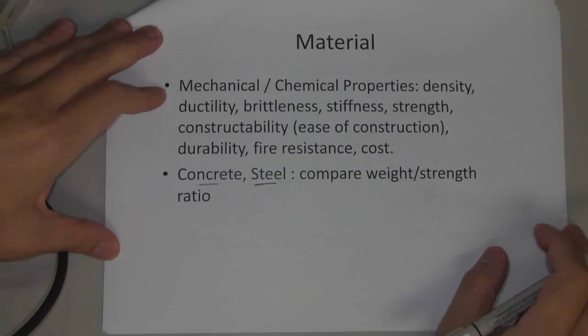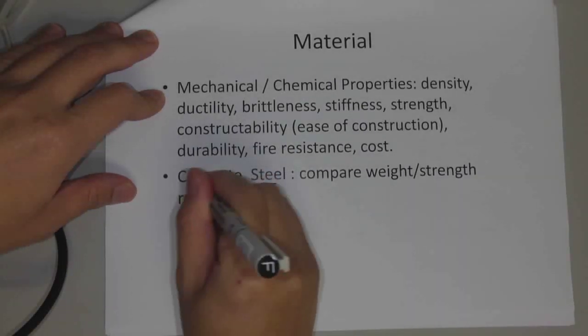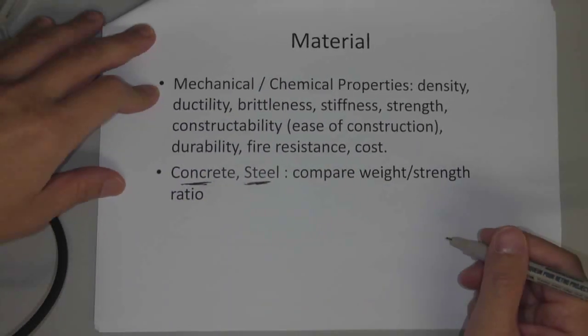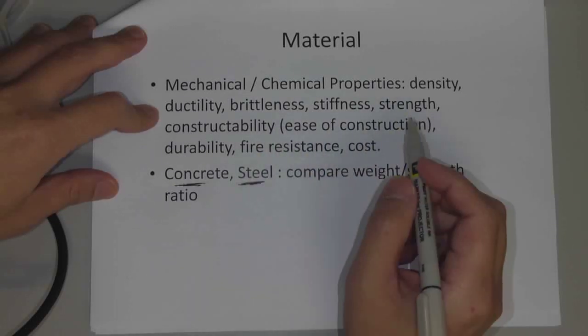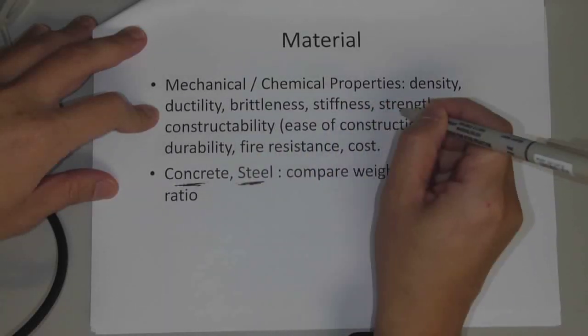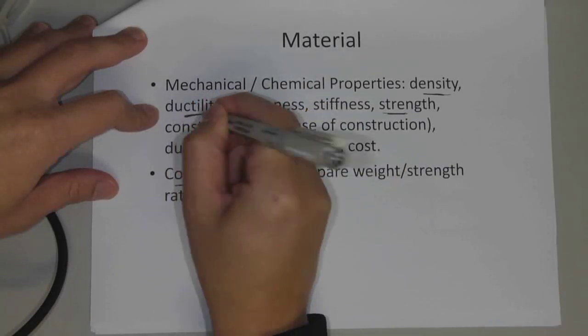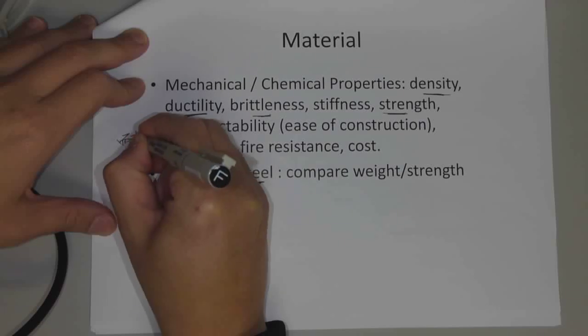If you are going to work in the construction industry, then these are the things that you see almost every day. Some of the properties you have probably heard of before, like strength, density, brittleness, toughness, ductility, durability, which is something we said last time.